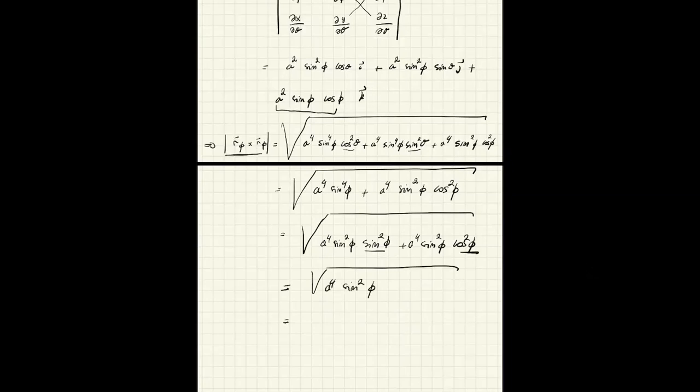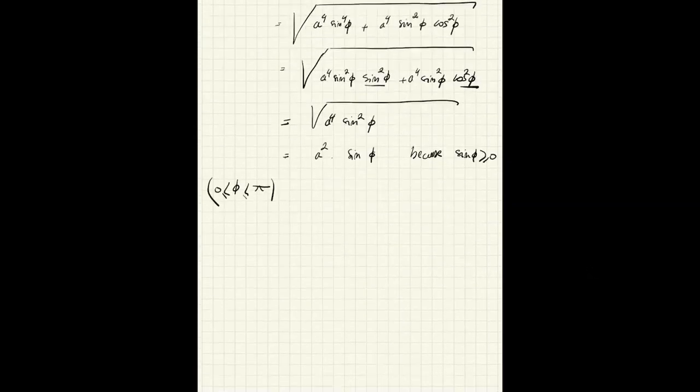Now this is a squared, and this is sine phi, because sine phi is always positive, right? Remember, phi is between 0 and pi.